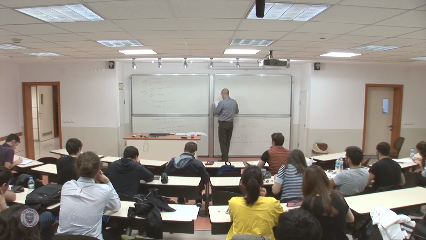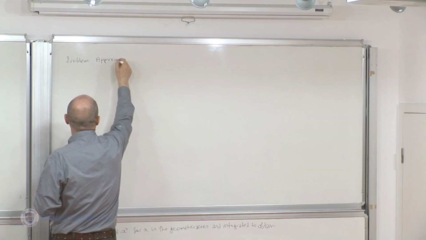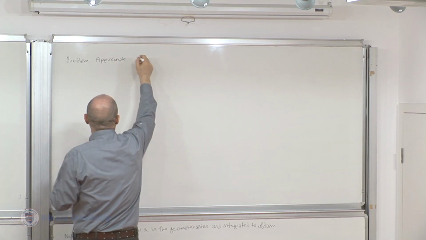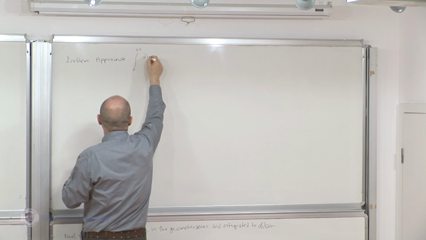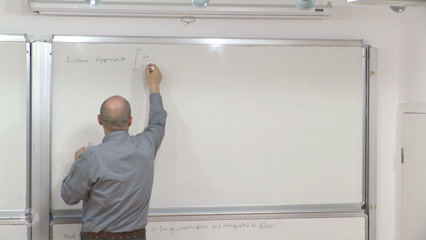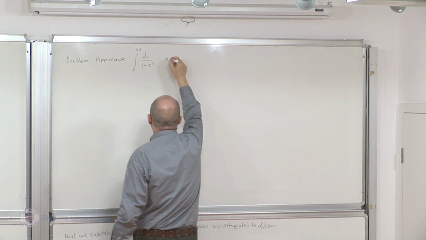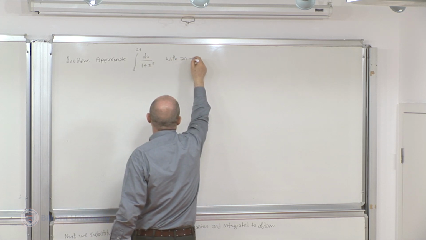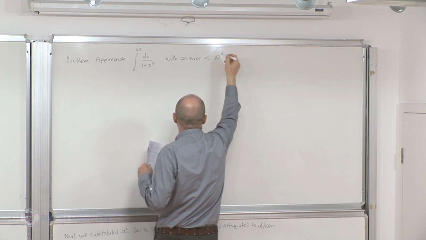So for example, this one: approximate the integral from 0 to 0.5 of dx over 1 plus x to the power 5 with an error strictly less than 10 to the power minus 6.